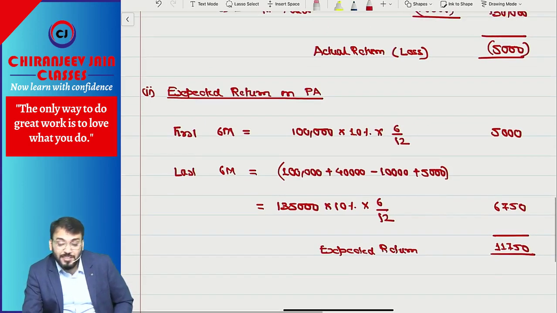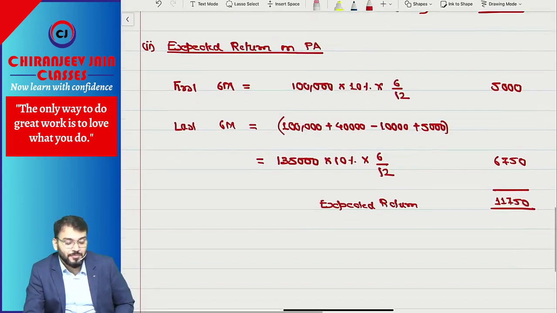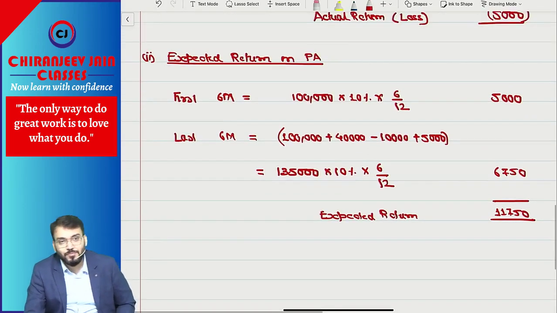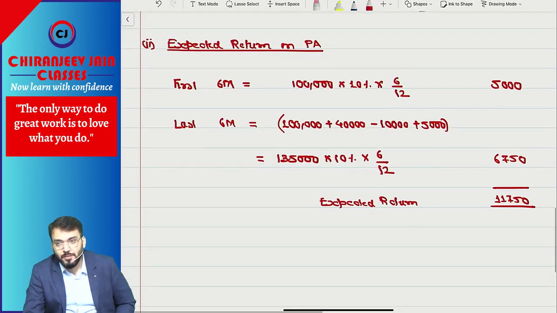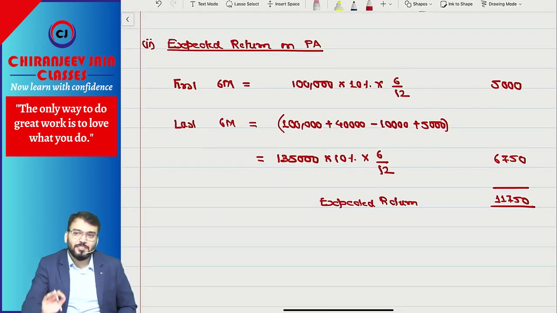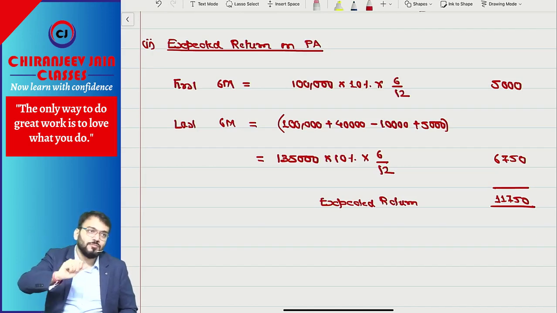Now how much are you expecting? But what is your actual? 5,000 negative. So what is the actual loss? You are expecting 11,750, but you got minus 5,000.